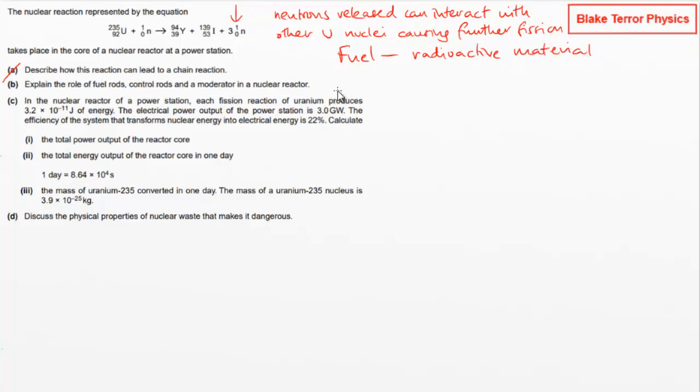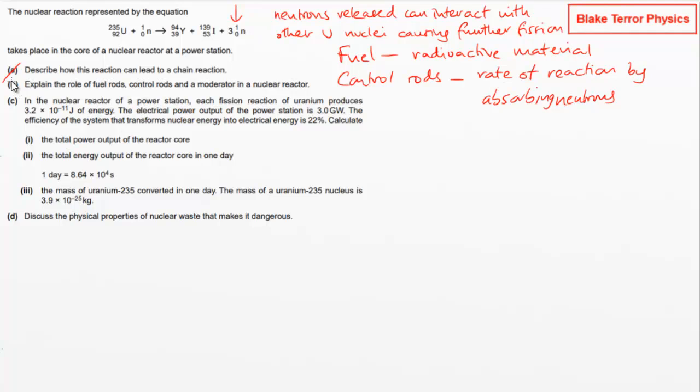The control rods are controlling the rate of reaction, the number of fission events that we're going to be getting, because they will absorb neutrons. If you push the control rods in, then they will absorb some of these neutrons that are causing the chain reaction. So absorbing neutrons.